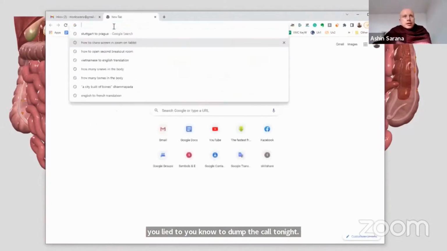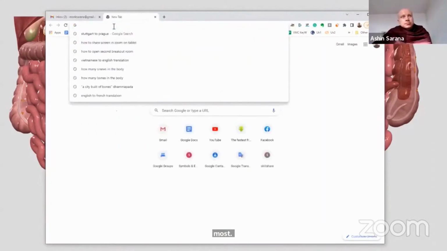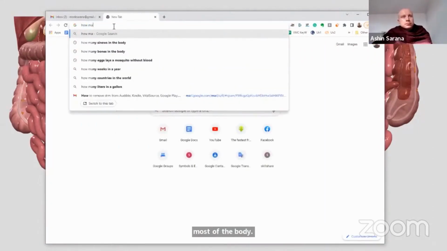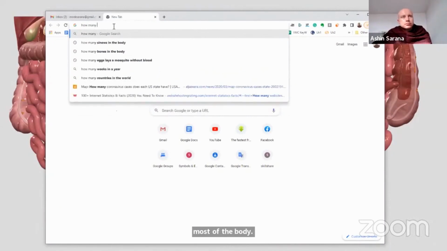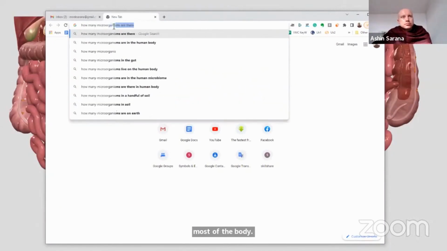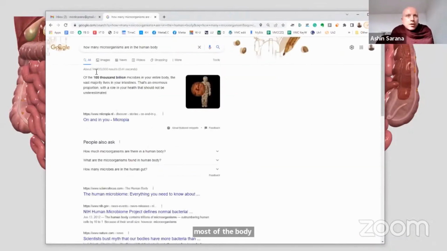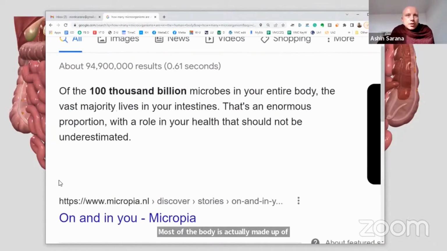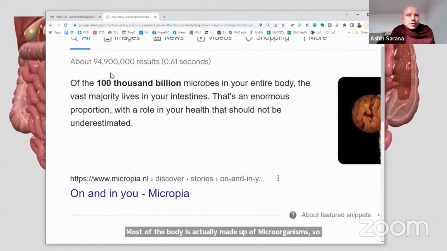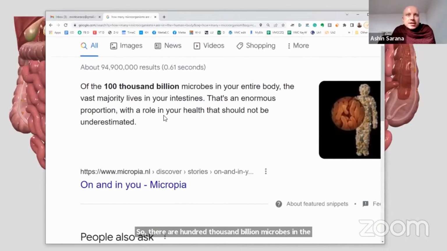Most of the body is actually made up of microorganisms. So there are 100,000 billion microbes in the body, and the vast majority lives in the intestines.